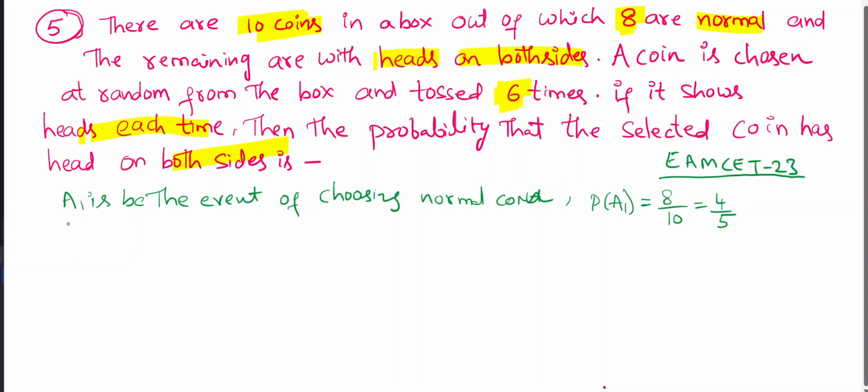And take A2 to be the event of choosing the other coin from the box.